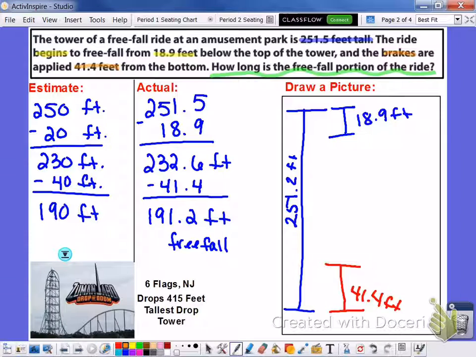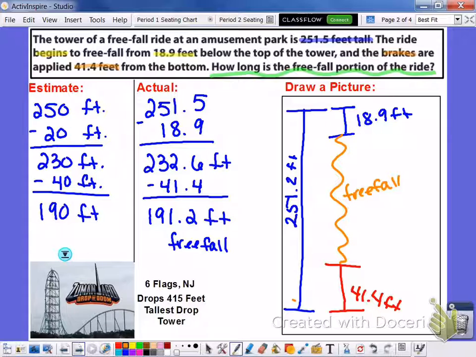So what we're really looking for is this distance in between. So here's our free fall. So if you didn't see where to start, if you drew that picture out, you would see here's our total, but I only want this portion in the middle, so we would subtract 18.9 and 41.4. But again, that's what we already did to get our actual answer of 191.2 feet.